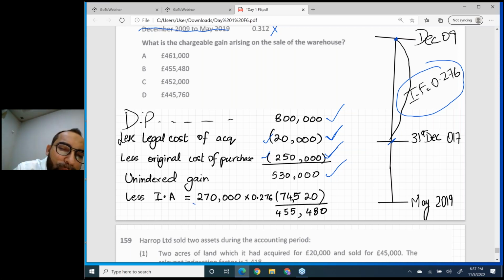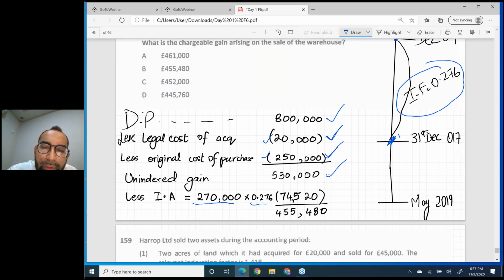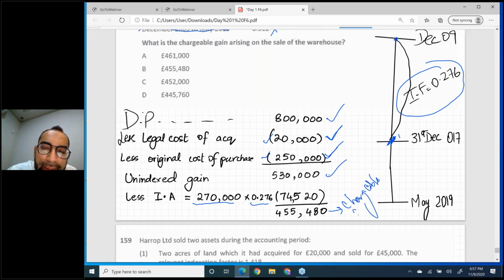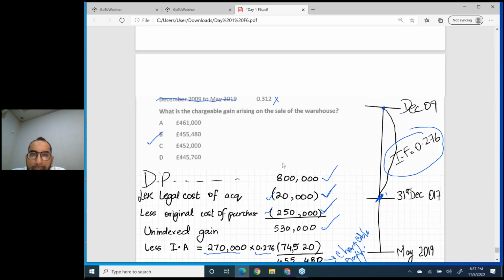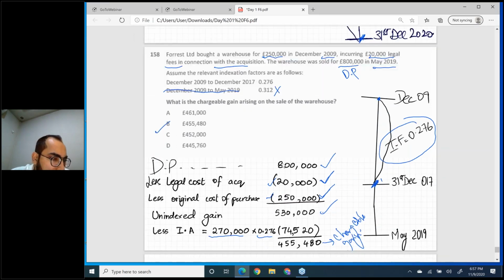So we'll add these two costs and multiply by the index factor which is till 31st December 2017. When you multiply these two, you will get 74,520. Now 530,000 less 74,520. This is your final chargeable gain. So your answer is 455,480. You can check.